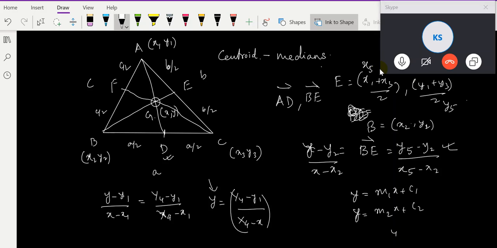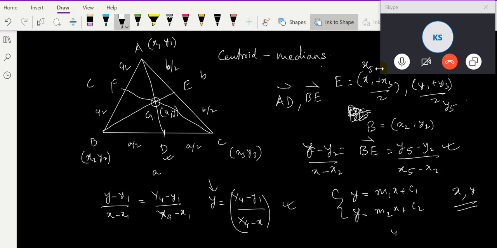Simplify these two equations, and then you can solve for these two, and you will find the value of x and y. Correct? Yes, sir. So we will do a problem with numbers so that this becomes clear.